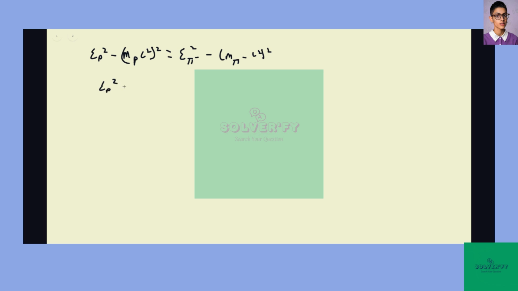The total energy of the proton squared minus the rest mass of the proton squared is equal to the rest mass energy of the lambda baryon minus the total energy of the proton, squared, minus the rest mass energy of the pion squared.